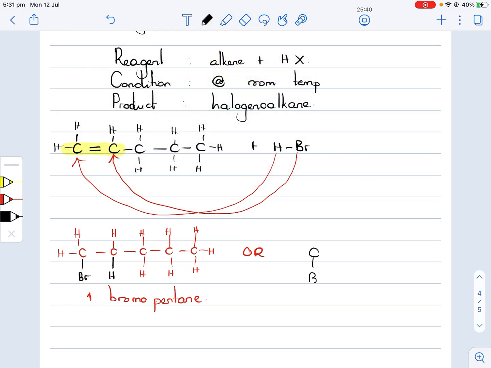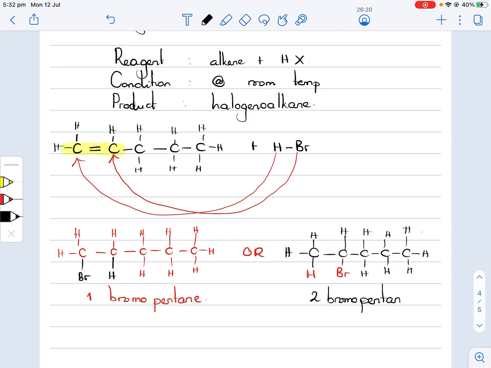So my other possibility is having this, and this would be called 2-bromopentane.